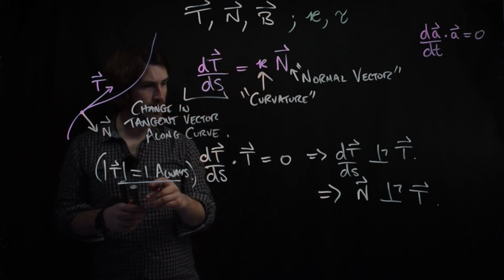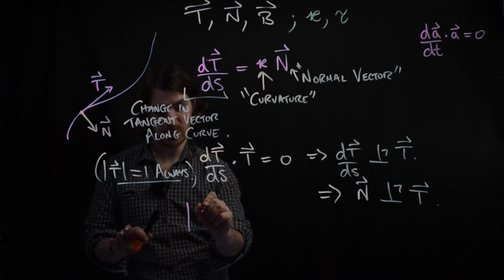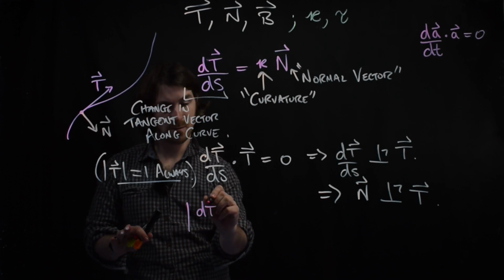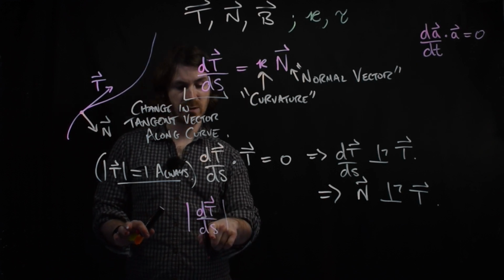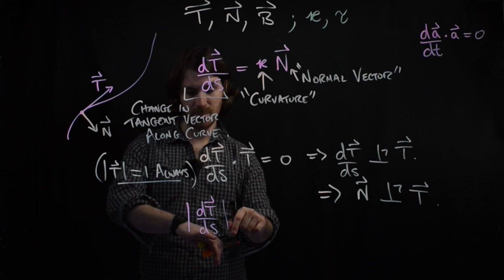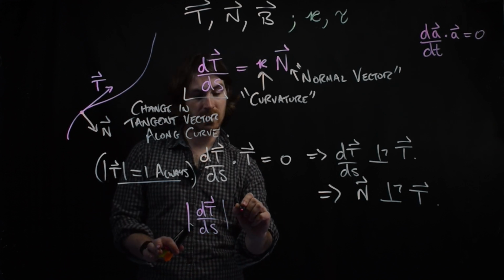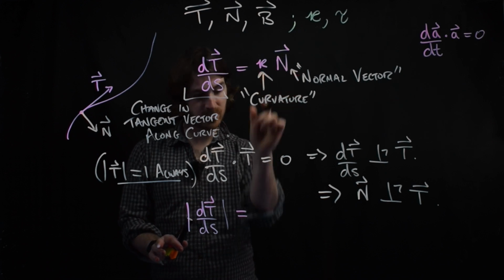And we can say one more thing. We can say that the magnitude of dT by ds, okay, so this is not a unit thing, this has some magnitude, equals the magnitude of this right hand side.